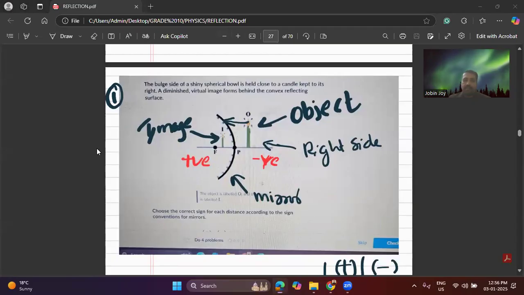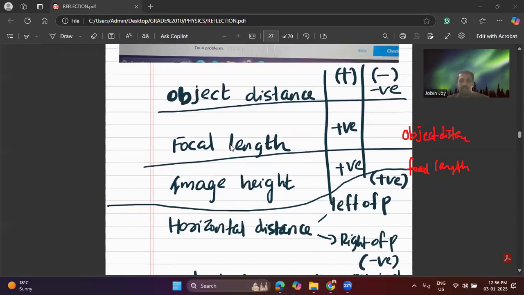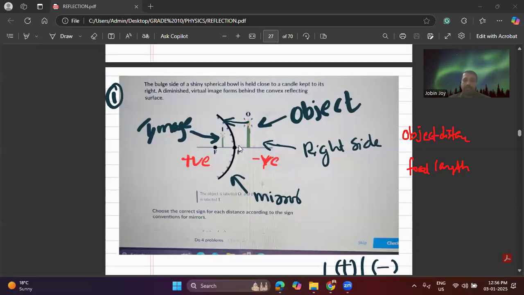I will write here: object distance, focal length, and image height. Is it plus or minus? Sign convention is very important, otherwise your answer will be wrong.